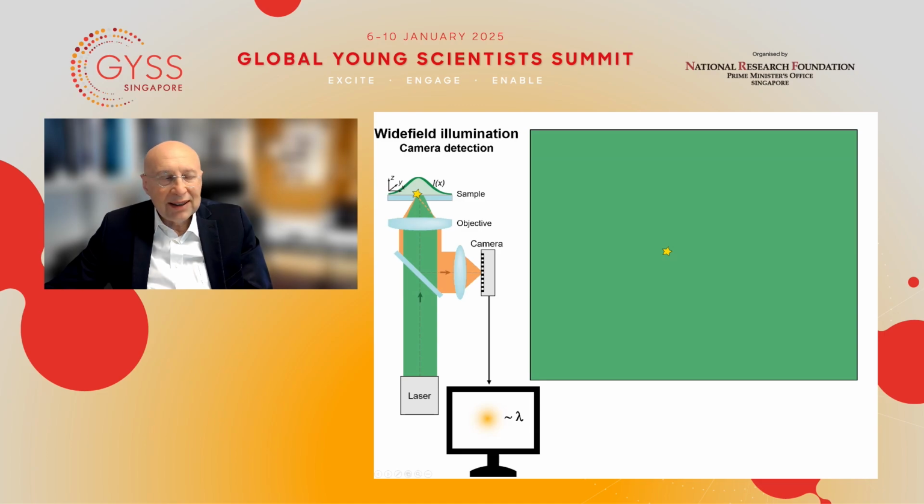Therefore, you can say, okay, well, how do we know where the molecule is because the spot is so big? But that's not a problem really. We can easily find out where the molecule is because the position of the molecule must coincide with the maximum of this diffraction blob.